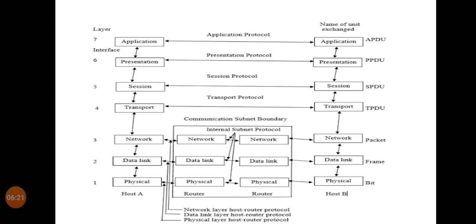The physical layer transmits data in terms of bits. The data link layer transmits data in terms of frames. The network layer transmits data in terms of packets. The transport layer transmits data in terms of TPDU, which means Transport Protocol Data Unit.